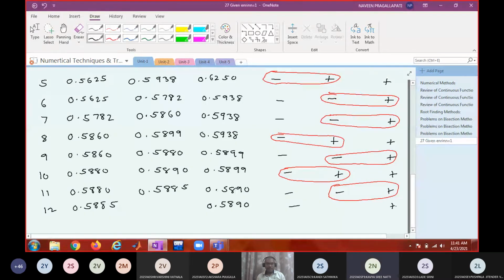Midpoint 0.5888. Fourth decimal, 0.5888. Yes, sir. So now you can see 3 decimals are equal in 2 consecutive approximations.